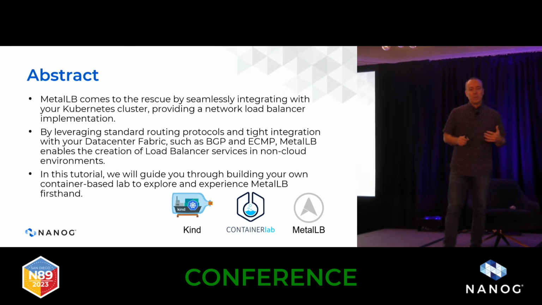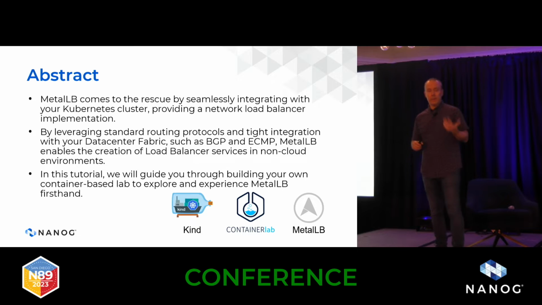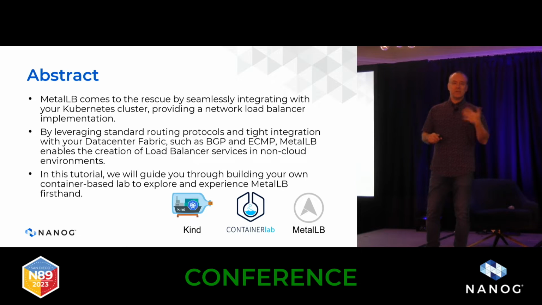And when you are working with the public cloud and you create your Kubernetes cluster over there, everything is actually working right away. You can just go and start using the load balancer service with the load balancer that the public cloud is providing, in the case of Google Cloud or Amazon.